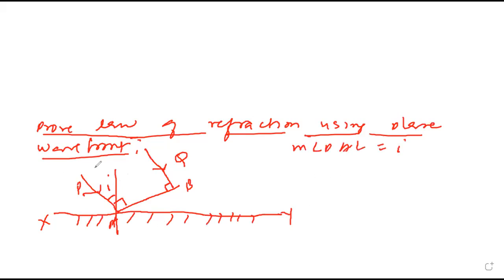Refracting surface XY divides the medium into two parts, rarer and denser. Let V1, V2 be the velocity in rarer and denser medium respectively.